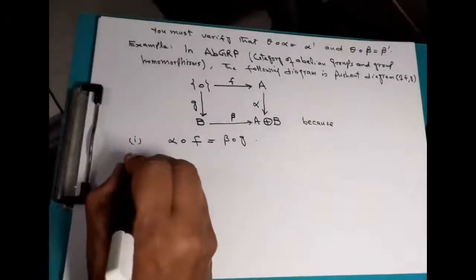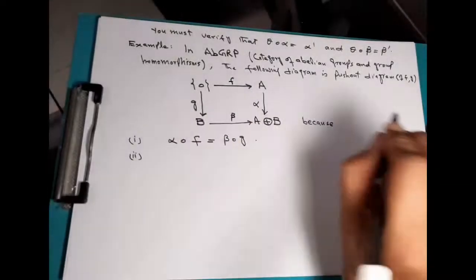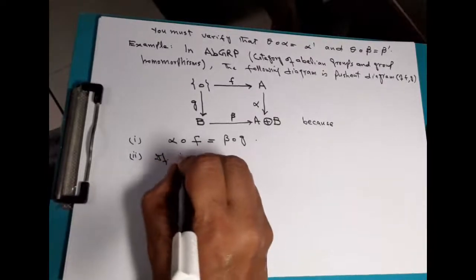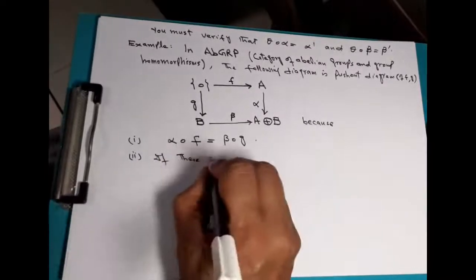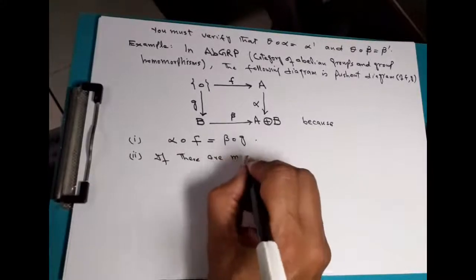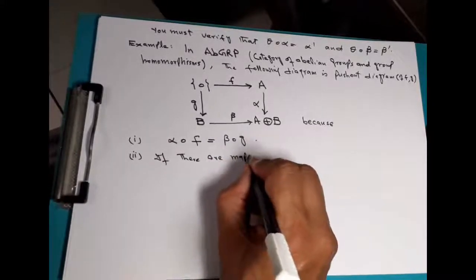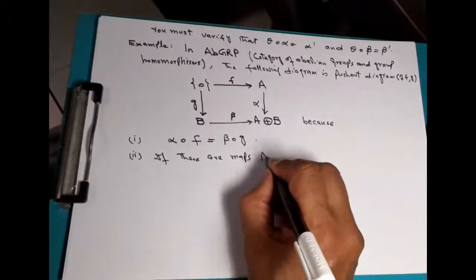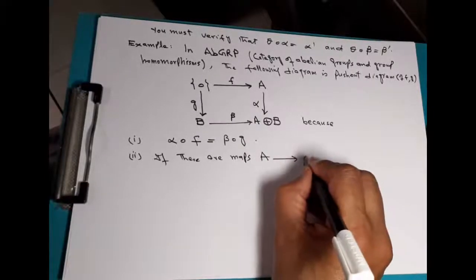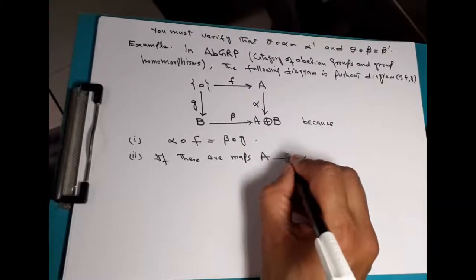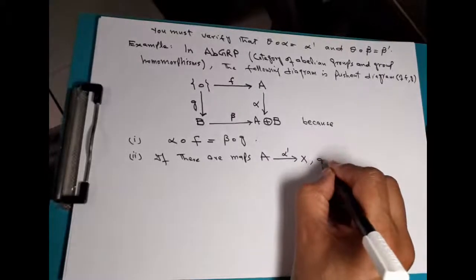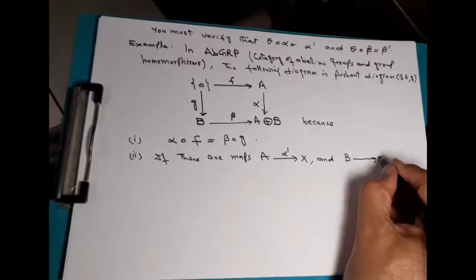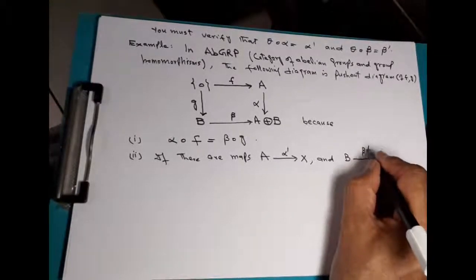And secondly, if there are maps, in case we mean group homomorphisms, from A to X, we denote it by alpha dash, and from B to X, we denote it by beta dash.